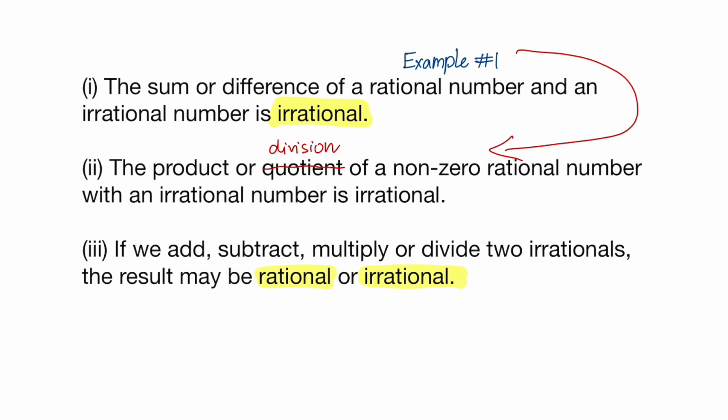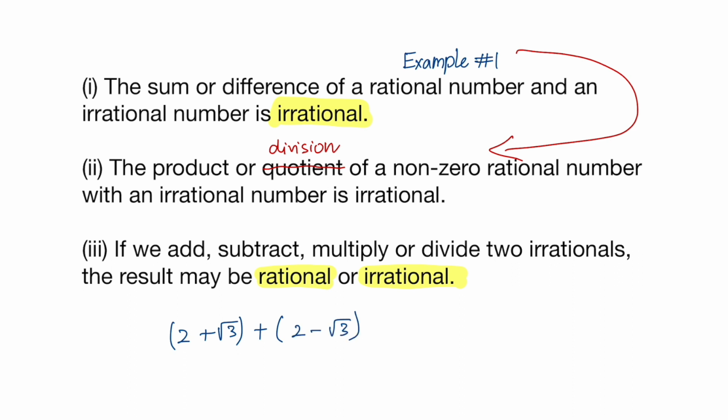If we add, subtract, multiply or divide two irrational numbers, we may end up with a rational or irrational number. So how does addition happen? Addition of two irrational numbers might lead to a rational number. How is that? Let us just take 2 plus root 3. This is one irrational number, and another irrational number could be 2 minus root 3.